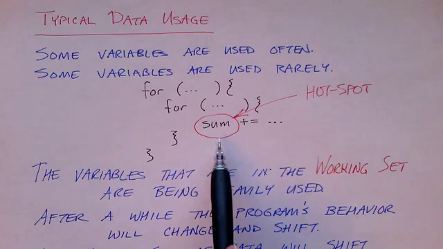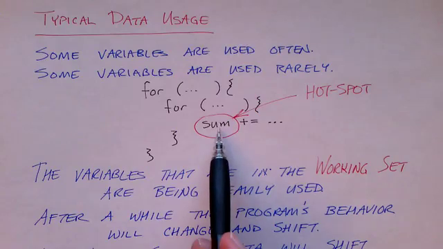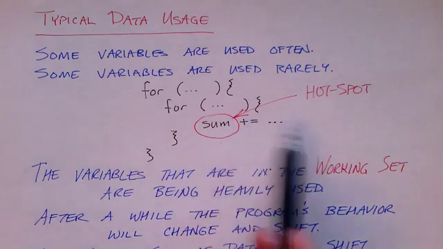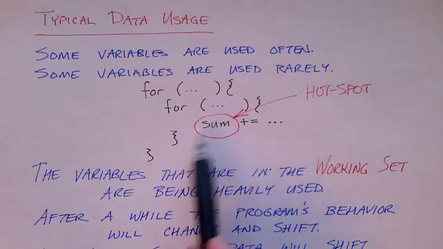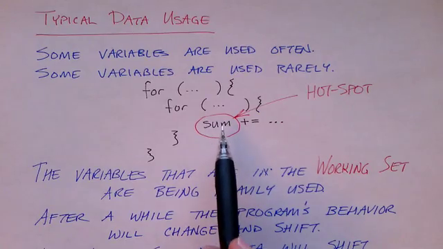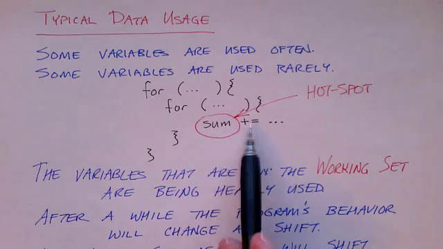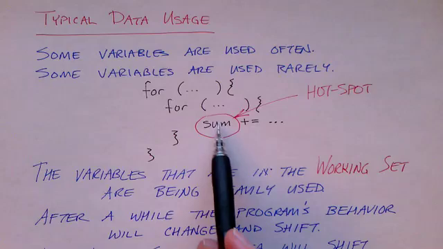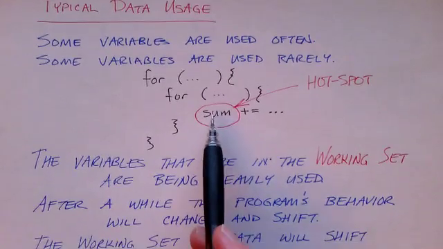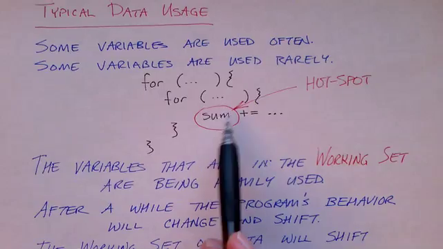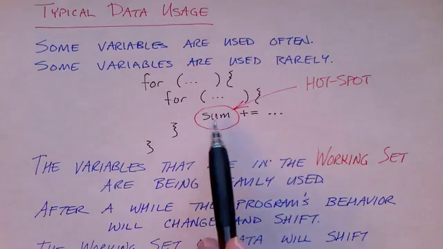So from a data perspective, not an instruction perspective, this variable sum is a hotspot because during this execution of the inner loop, this variable is both read and written, right? We're incrementing it, so we have to get the variable, and then we add something to it, and then we write the variable back. So this variable is in the working set when the program is in this loop.